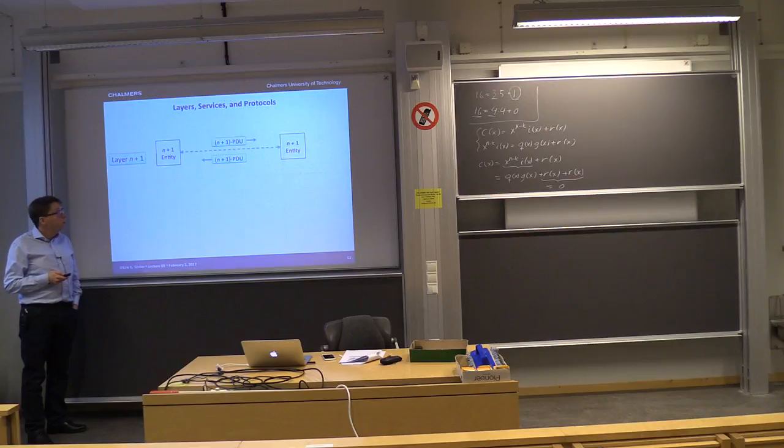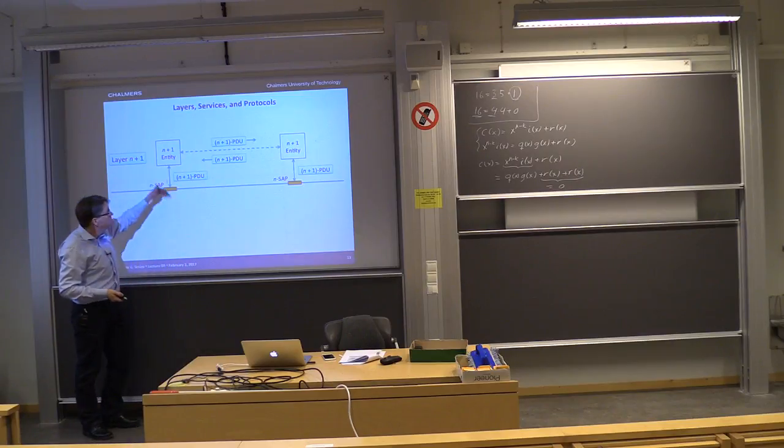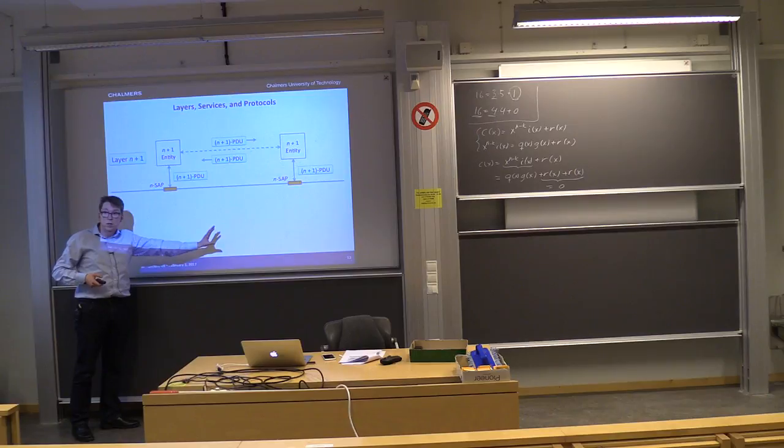That's what a protocol is. This information is virtual, so it's only logical. The physical connection is done using the services of the layer below it. Logically the PDUs go like this, but physically the PDUs go down in the stack until they hit the physical layer and are then transmitted over.